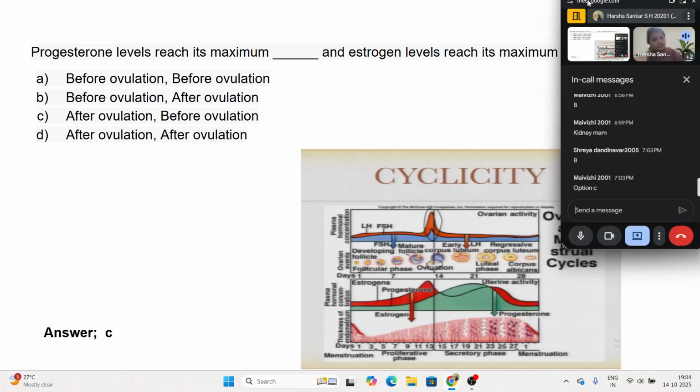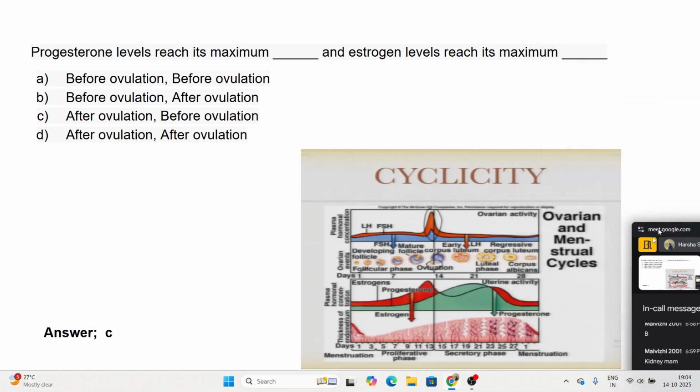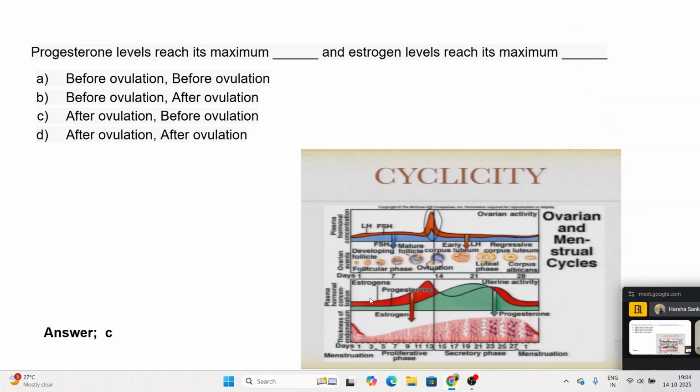This is the screenshot of the slide from that day. You have seen the red one here is estrogen, and the green one is progesterone, and the days are mentioned. The 14th day is the ovulatory day, we can see here.